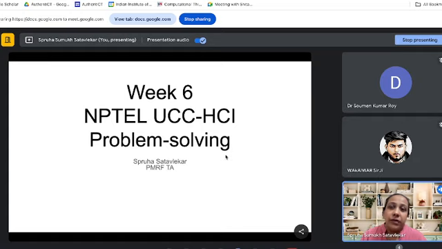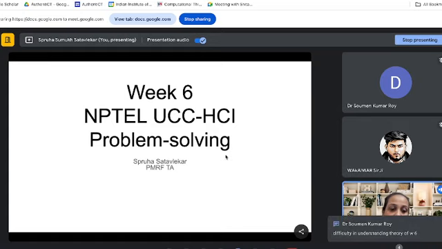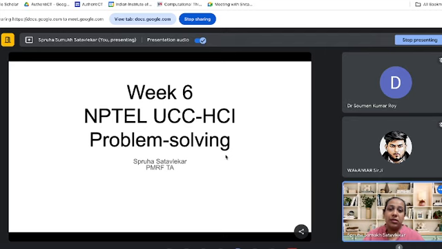We previously went through some descriptive computational models, and we will revise that today also. This course is mainly about how to make computation more user centric, so not only the design but also computation.